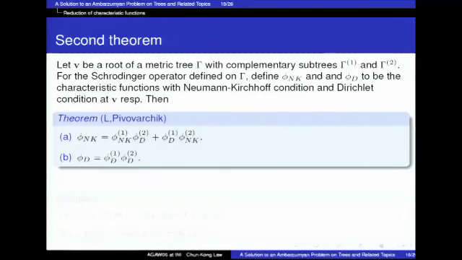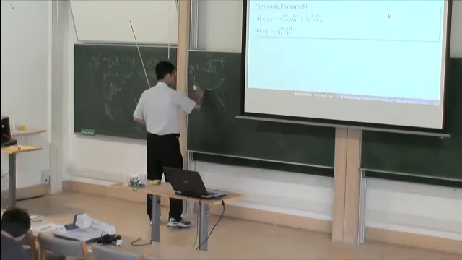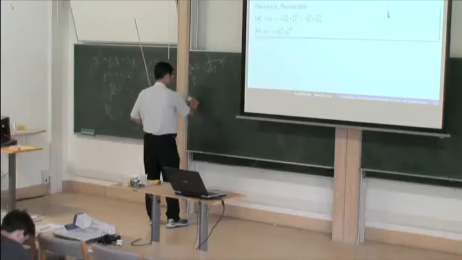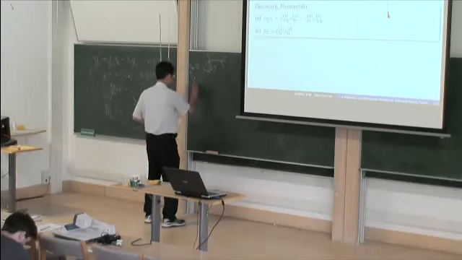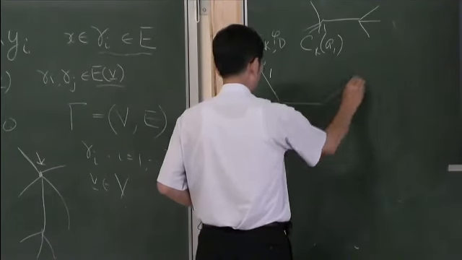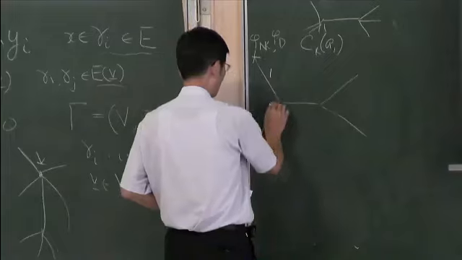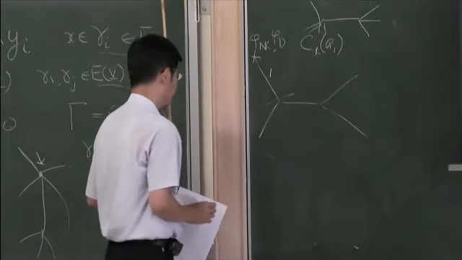Ambarzumian problem. Now, next I want to look at the decomposition. Okay, so this is phi. Here I'm looking at this problem again. At an arbitrary point, I can decompose it, not even at any single vertex.